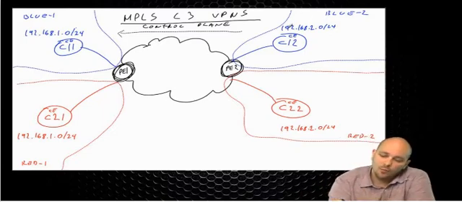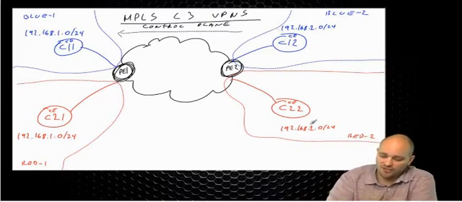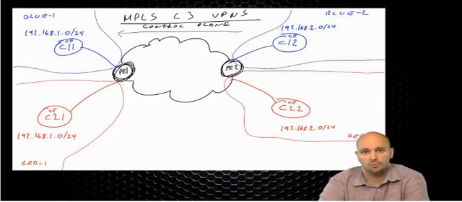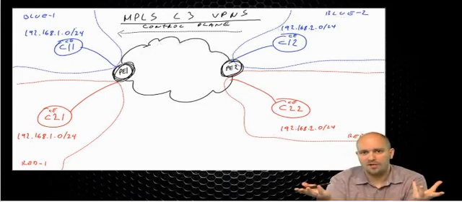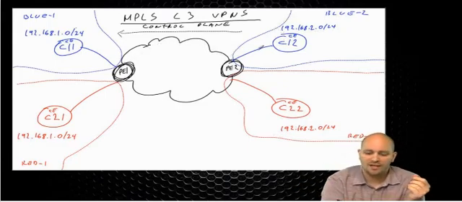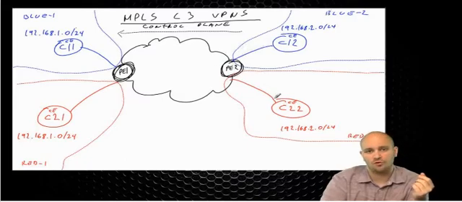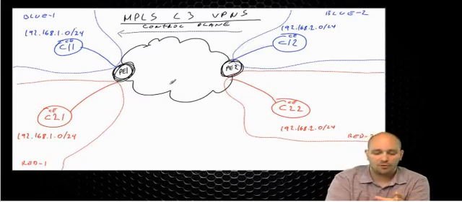So we have learned this route here, and we have learned this route on our PE2. How do we get these routes across to PE1? Well, we could run a separate copy of OSPF or a separate copy of EIGRP, whatever protocol we were running in the blue or red domains, but that would add complexity to the backbone of our network.